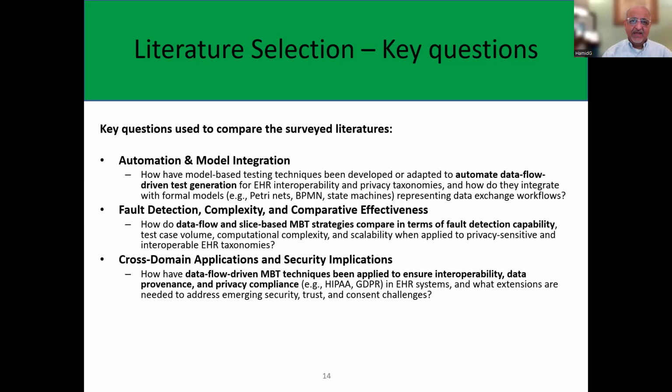Now, not necessarily every paper that I reviewed addressed all these questions. Some address one or two, but overall, I could get a view of how they are approaching model-based testing. Then I could deduce how that can be used in any of these questions. I tried like 20 or 30 different papers, and not every paper really addressed these questions.